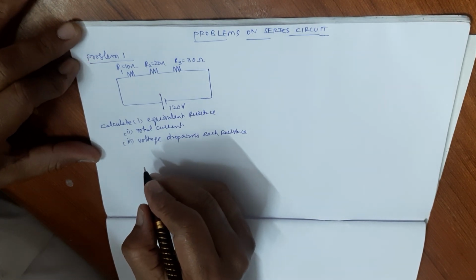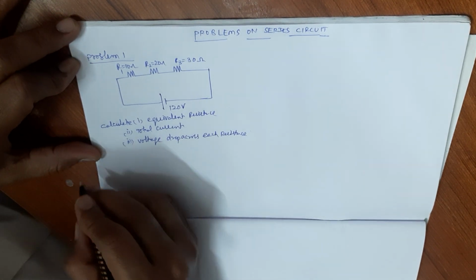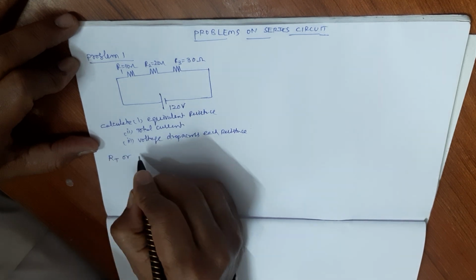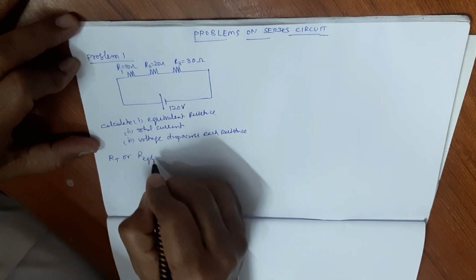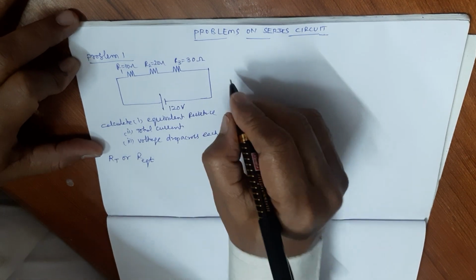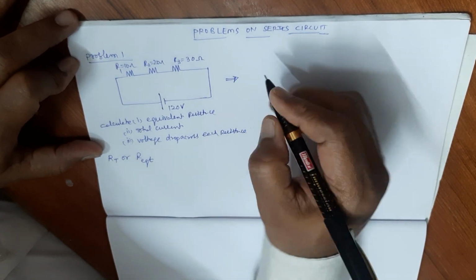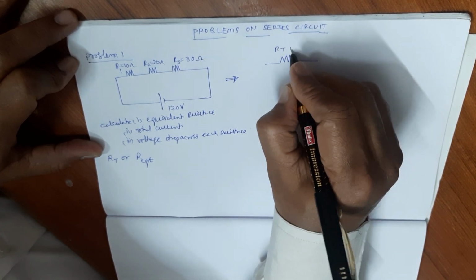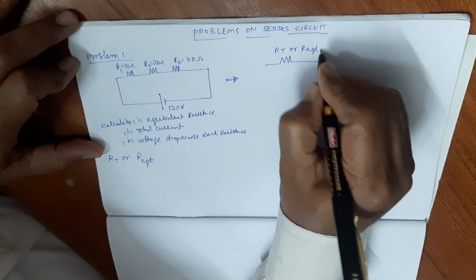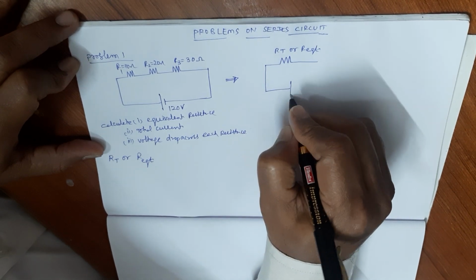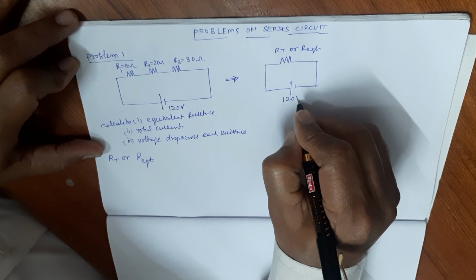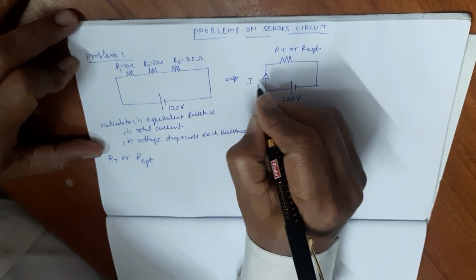Now, last class what we discussed: what is the total resistance or equivalent resistance of a given series circuit. So the equivalent resistance is like this, RT or R equivalent connected across the source 120, and this is the current.